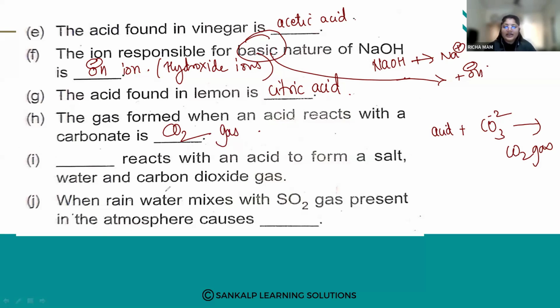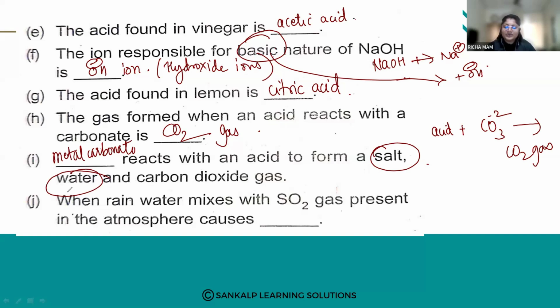Next one: dash reacts with an acid to form a salt, water, and carbon dioxide gas. So when a metal carbonate reacts with an acid, it gives you a salt, water and carbon dioxide gas.